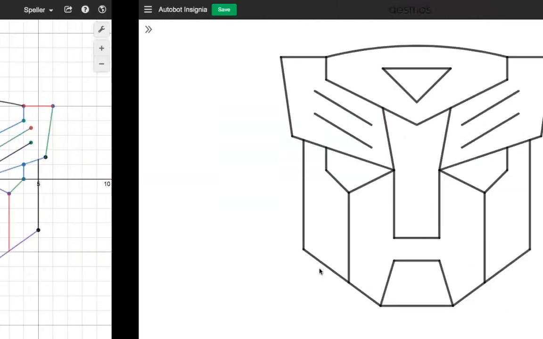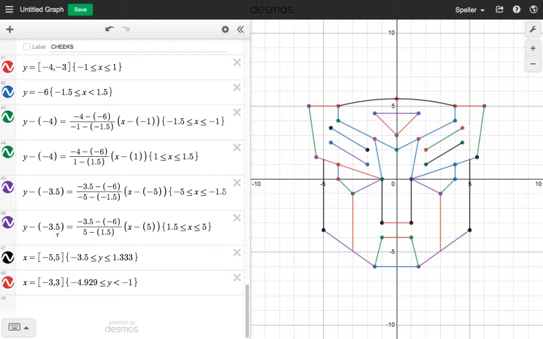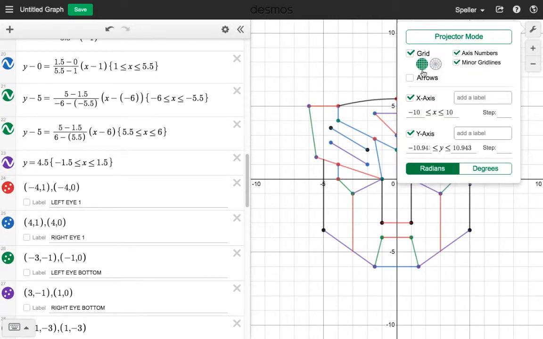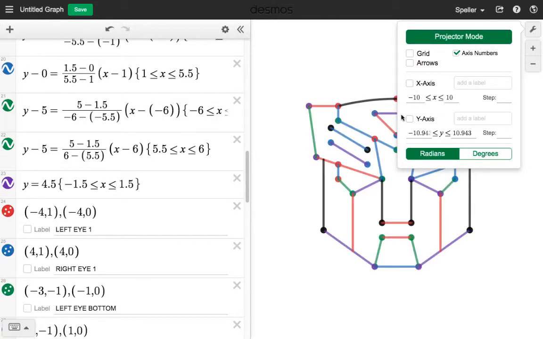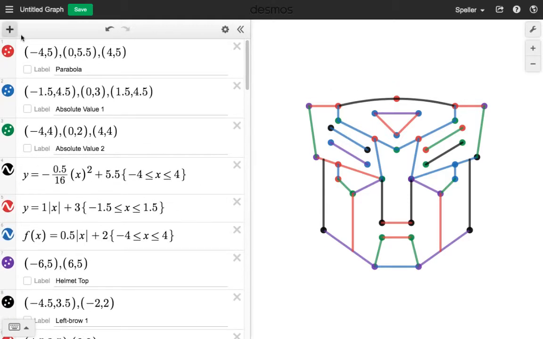Let's take a look at what it should look like. All right, let's come back here. Let's go ahead and turn off the graph here. We want to turn off the grid lines, the X and Y. Let's put it in projector mode so that we can see the colors a little bolder. Now let's take all these dots off.